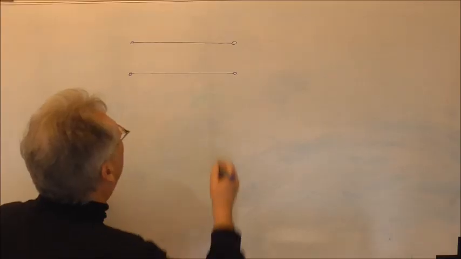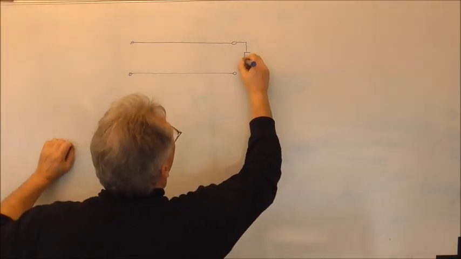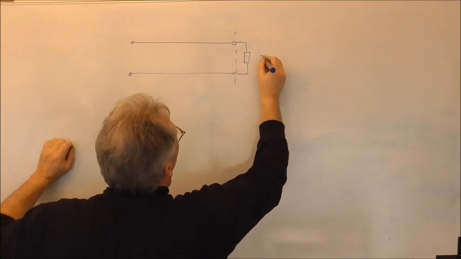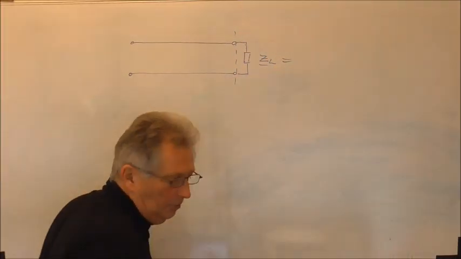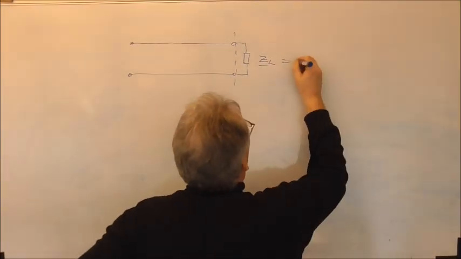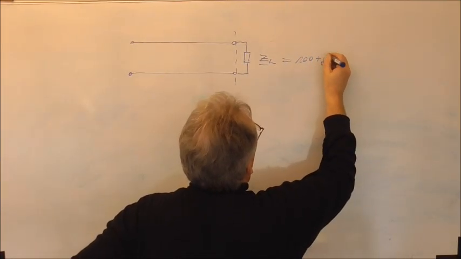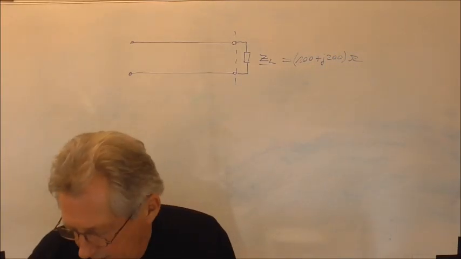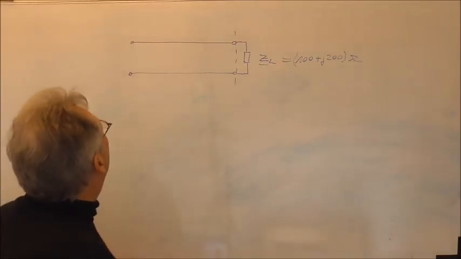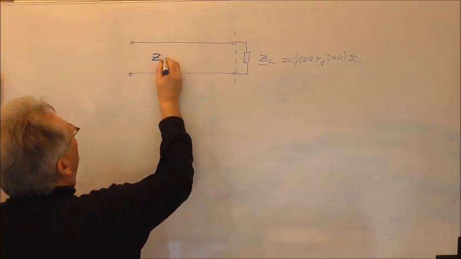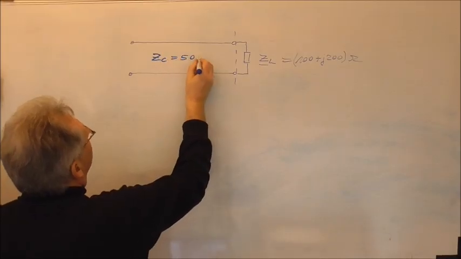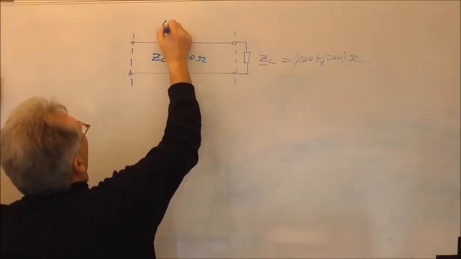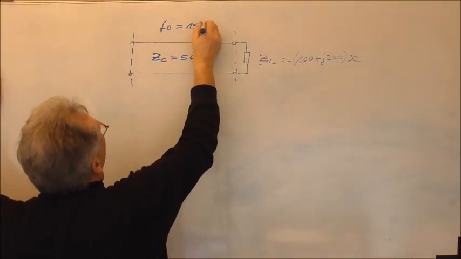And here we have the load impedance, and I assume that the load impedance is equal to 100 plus j200 ohm. This is our load impedance, and of course the ZC will be 50 ohm. Our frequency of operation F0 will be 150 ohm.